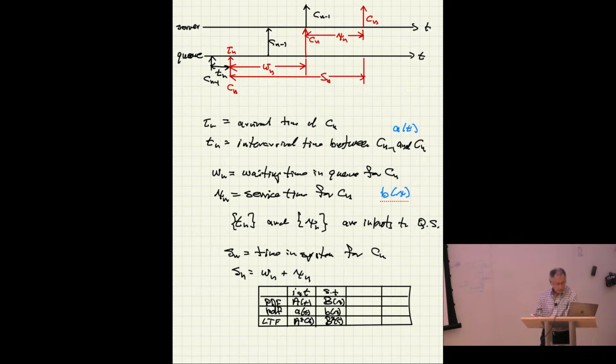This is summarized notation. For the waiting time, the distribution function is capital W of y. I'm defining that now. The density will be little w of y, and the transform will be W star of s. And the system time will be capital S of y.